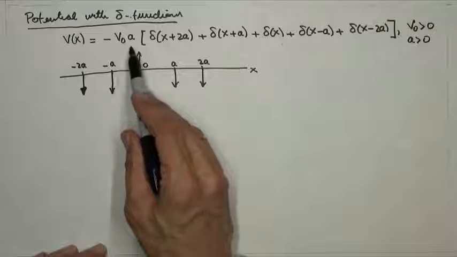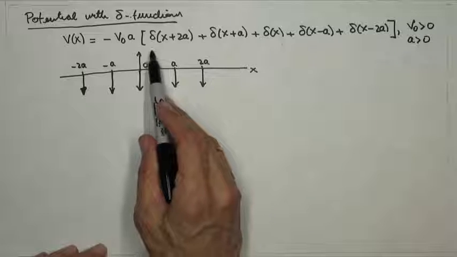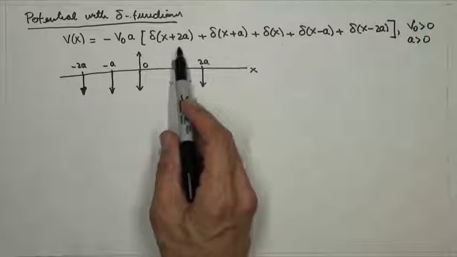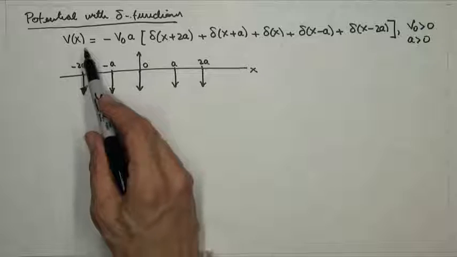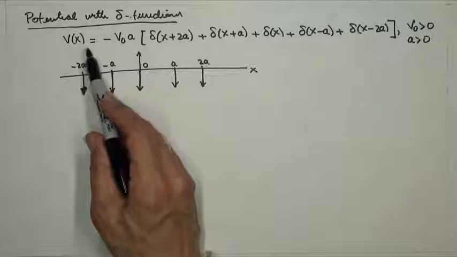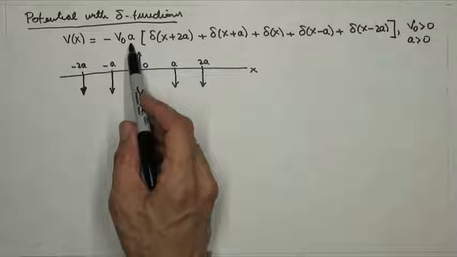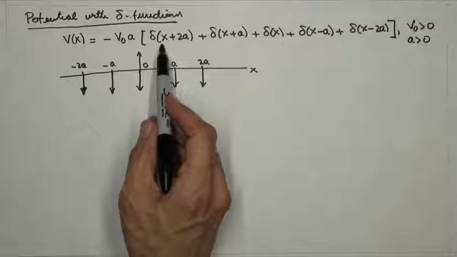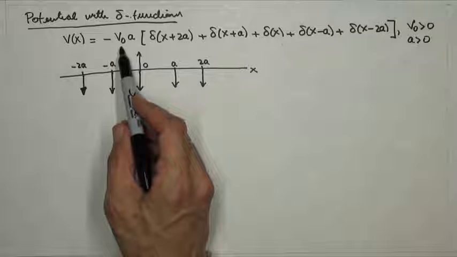And in terms of making sense of the potential and the units, the delta function has units of 1 over length. Therefore, for the potential to have units of energy, we've put here the a, which has units of length. So a times the delta function has no units, and V naught has units of energy.